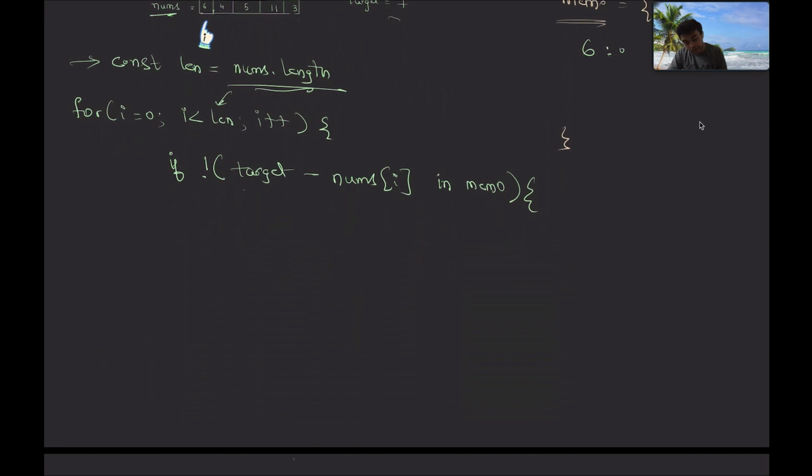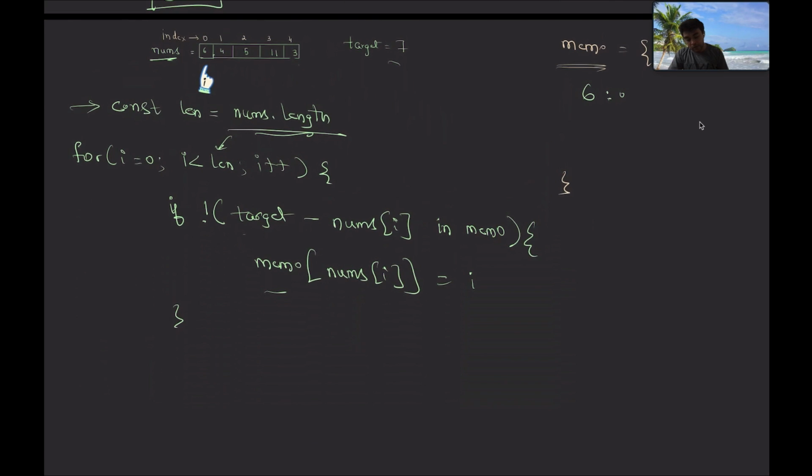So I should be adding memo of nums of i is equal to i. So inside memo, I'm adding nums of i. This is memo of 6 is equal to 0. So in this case, what happens? Let's trace this out quickly.